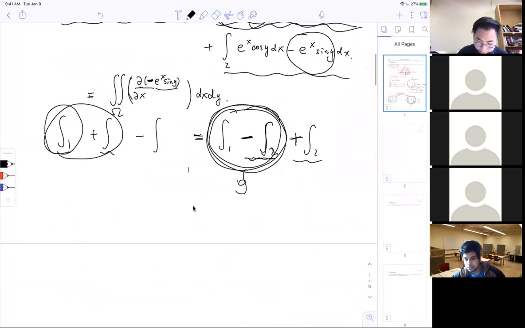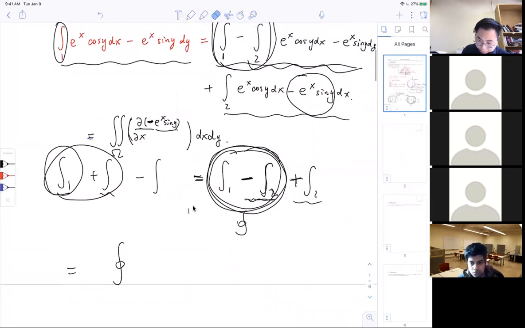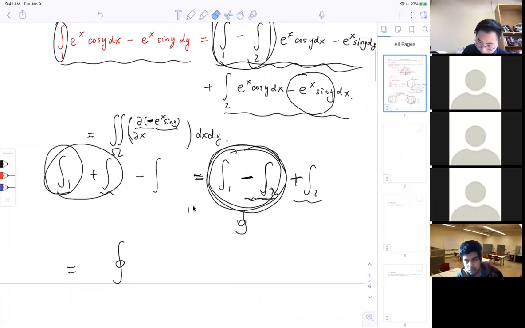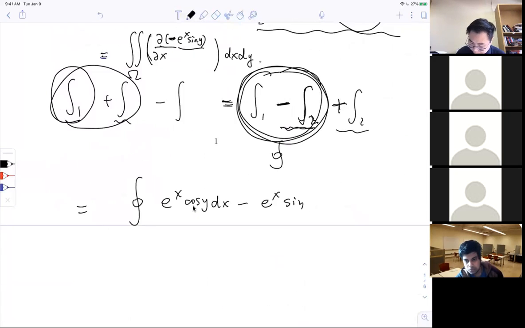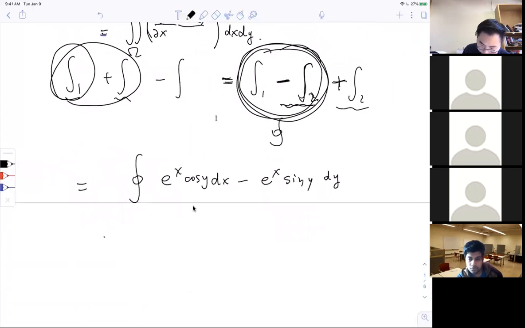So basically, what we have on the right-hand side is a closed loop, like the triangle I drew before: x cosine y dx minus e^x sine y dy. And also another piece, which is this one.